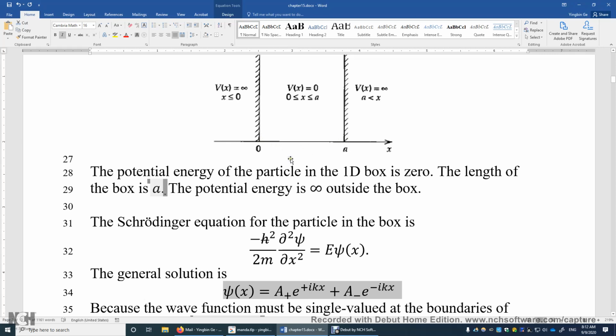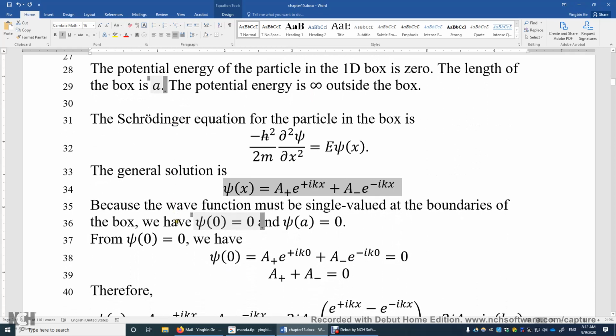And also, we'll have to make sure this wave function is continuous. So again, if the value of psi is 0 here, then it has to be 0 at this point. If the value of psi is 0 when x is greater than a, then psi has to be 0 at this point to ensure this wave function is single-valued and continuous.